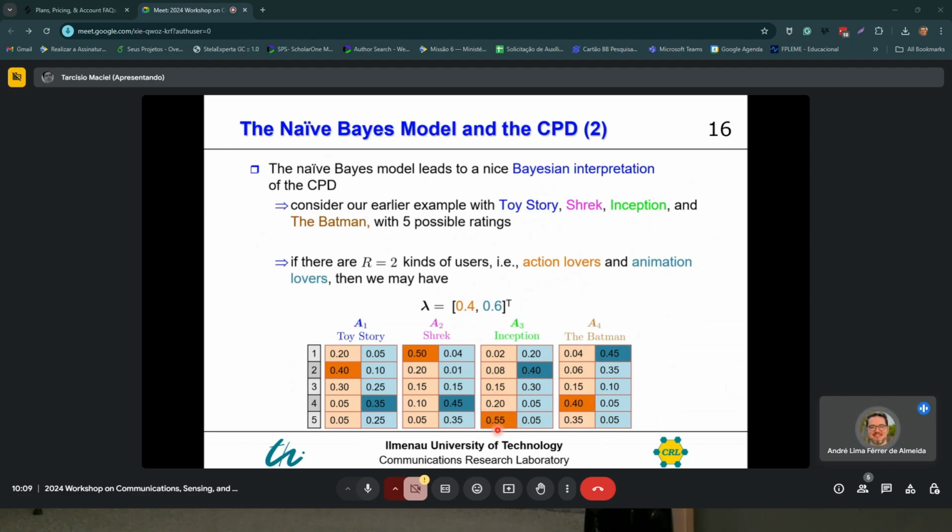Most of them actually rated Inception as 5, so 55%. And the Batman also has pretty good ratings from the action movie lovers, whereas the animation movie lovers prefer Toy Story and Shrek, and they have worse ratings for Inception and Batman in blue. Okay? So this gives us a very nice interpretation once we've estimated these parameters. Whereas if you use a neural network, you don't get these insights.